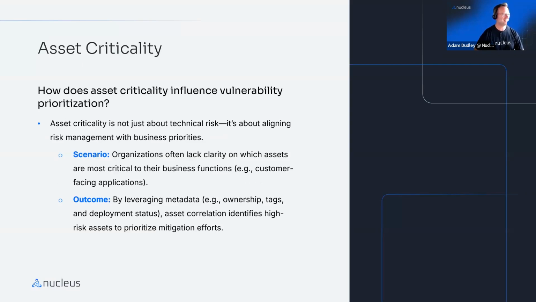All right, now let's jump into asset criticality. How does asset criticality come into play when we're talking about asset correlation, and how does that affect prioritization decisions? So we think of this in buckets: critical, high, medium, low.